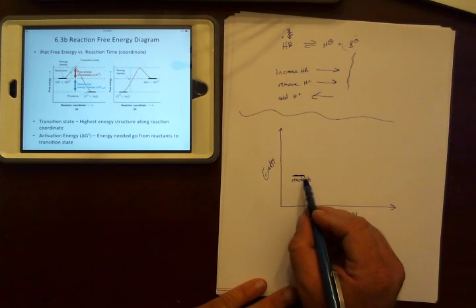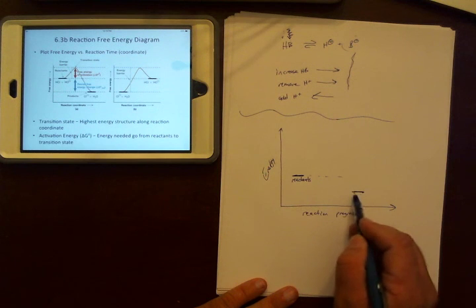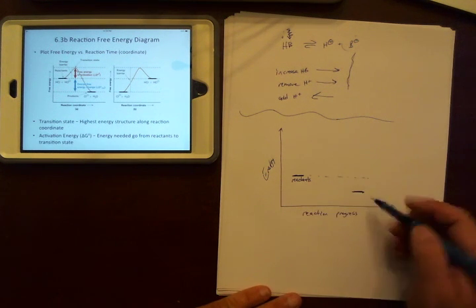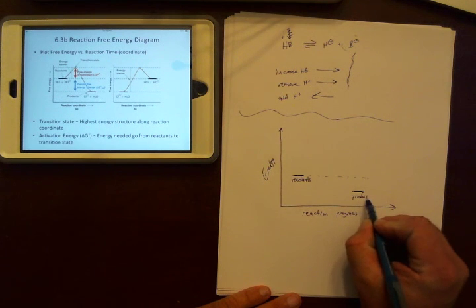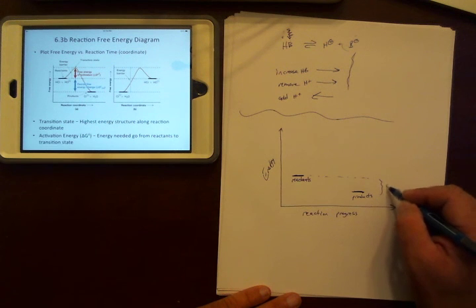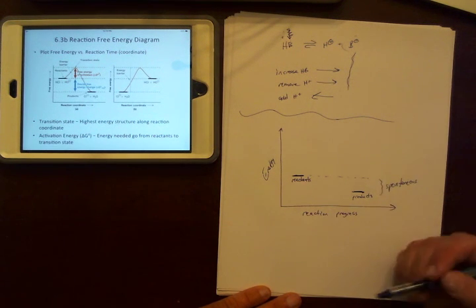We want this to be spontaneous, so that means our product's going to be lower in energy, right? So this means it's spontaneous, because we've dropped in energy.